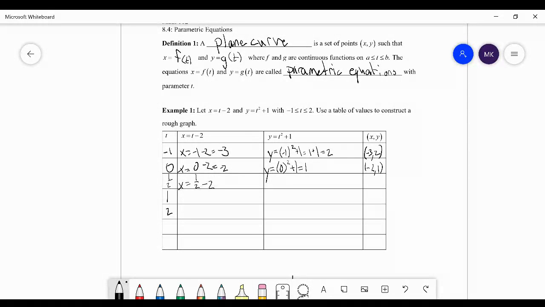When t is 1/2, x is 1/2 minus 2, which is negative 1.5, or negative 3/2. y is 1/2 squared plus 1, which is 1/4 plus 1, which is 5/4, or 1.25. So let's go with fractions: (negative 3/2, 5/4).